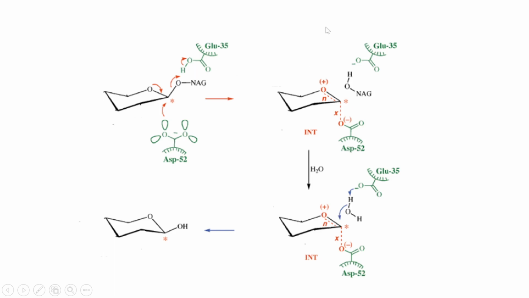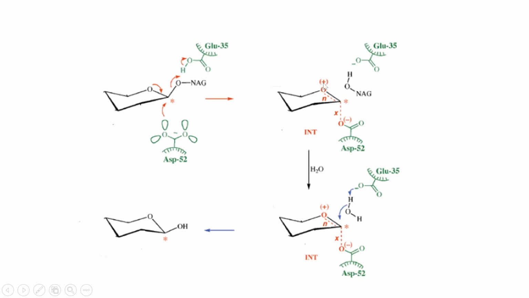So in the first step, glutamic acid donates this proton to this oxygen and the unit is broken. Once this bond between the oxygen and the carbon is broken, an oxonium ion is formed, where the chair conformation is distorted.